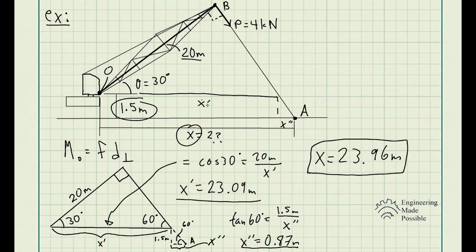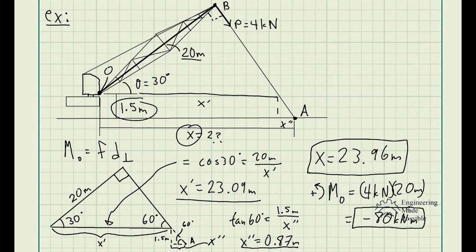And so yeah, this is the second problem here. The second part to this is, what is that moment? Since we already have that P is equal to 4 kilonewtons and the perpendicular distance is 20 meters, the moment about point O caused by the force P is equal to negative 80 kilonewton meters.